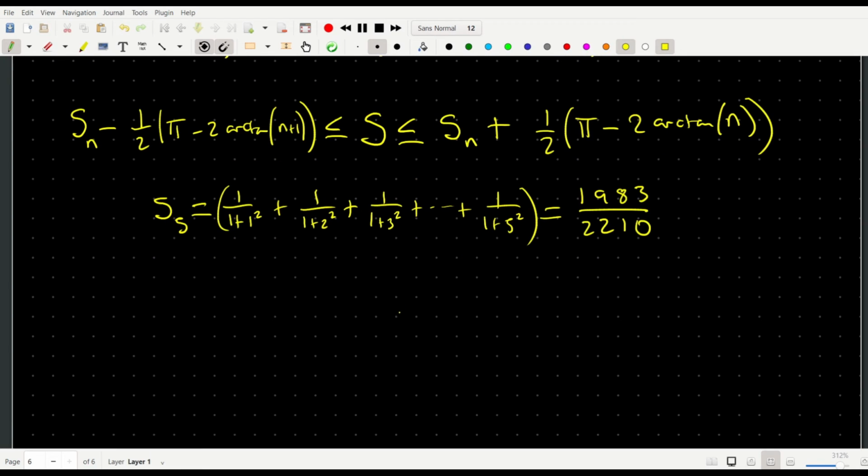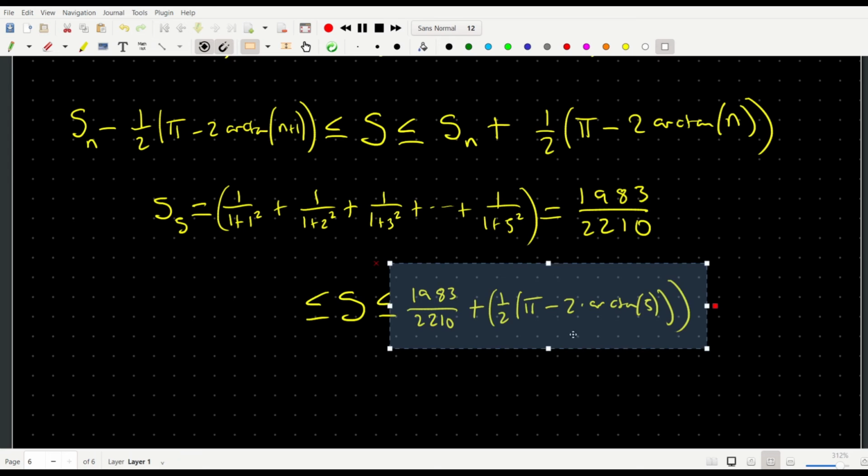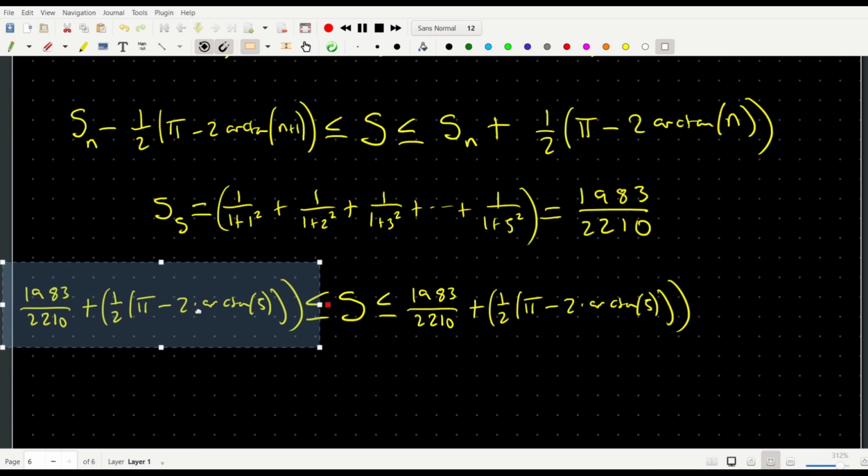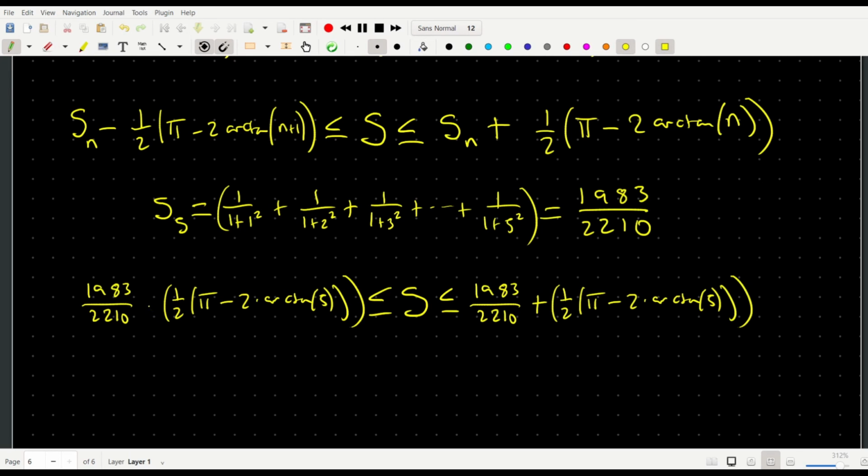And specifically, this actual value of the sum is going to be between this S5, which is 1,983 over 2,210, plus the error term, which is 1/2 pi minus 2 times arctan of 5, and it's going to be bounded below by this 5th partial sum minus 1/2 pi minus 2 times arctangent of n plus 1, which is 6.